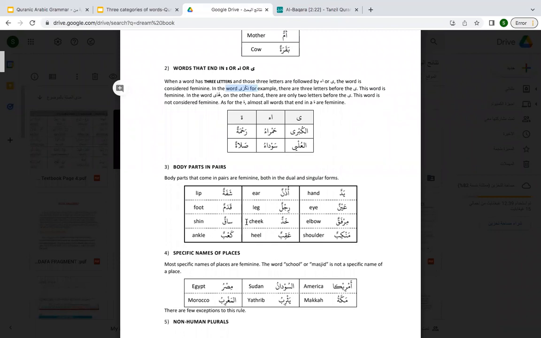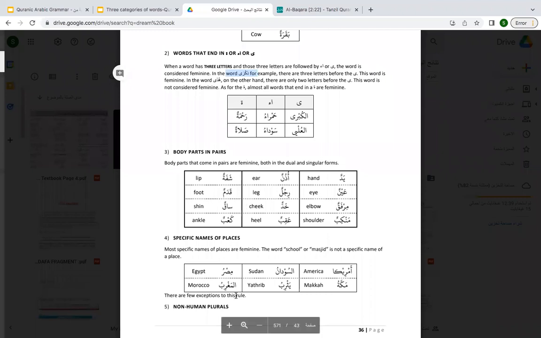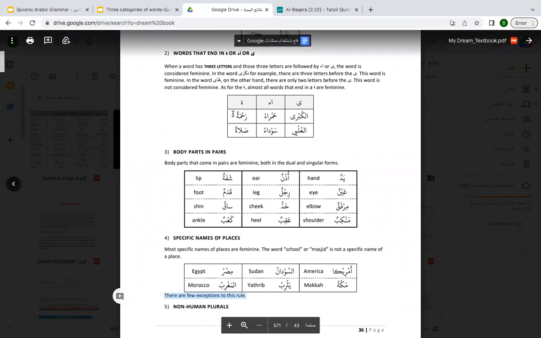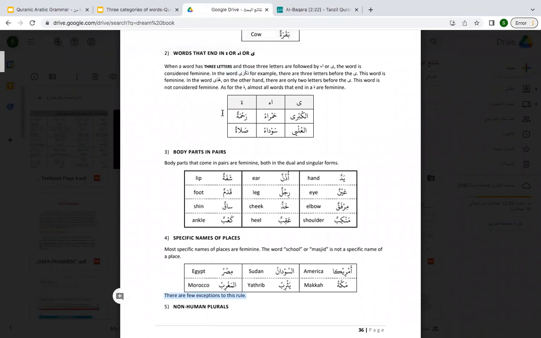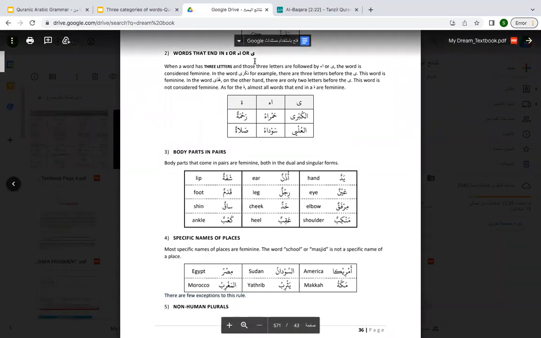Specific names of places, do not forget this part. Please everyone highlight it in your books. There are a few exceptions. I don't want you to overwhelm yourself, but if you can add Isa, Musa, Talha as the exceptions in your book, it will be really helpful for your future studies, inshallah.